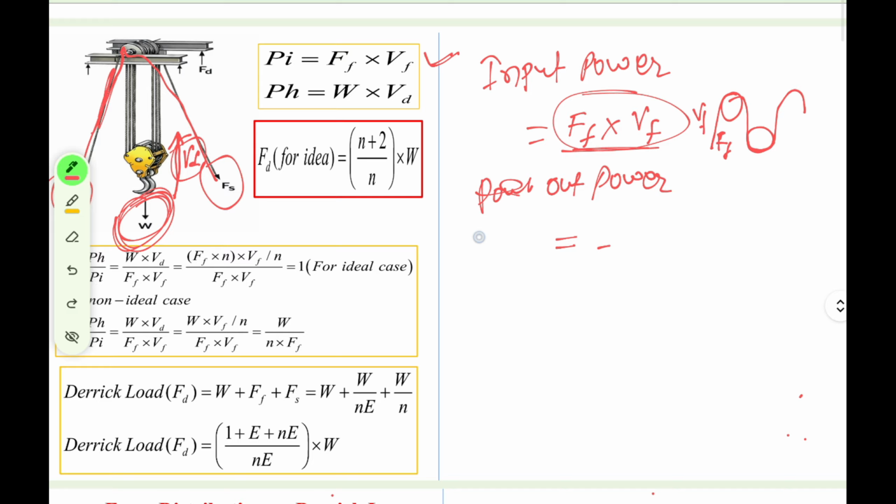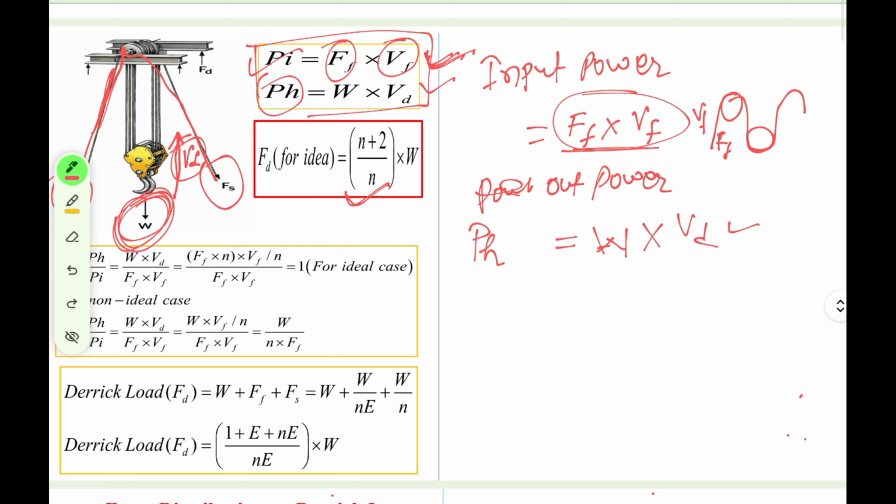So the output power is W multiplied by Vd, where W is the load and Vd is the traveling velocity. I will explain how this came about, so don't worry. First remember: input power is the fast line load multiplied by the fast line velocity. Output power, or hook power, is W, the force, times Vd, the velocity.